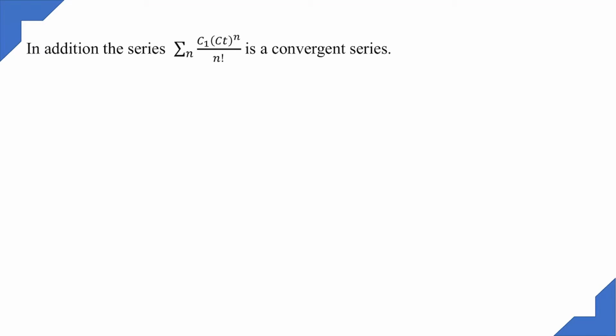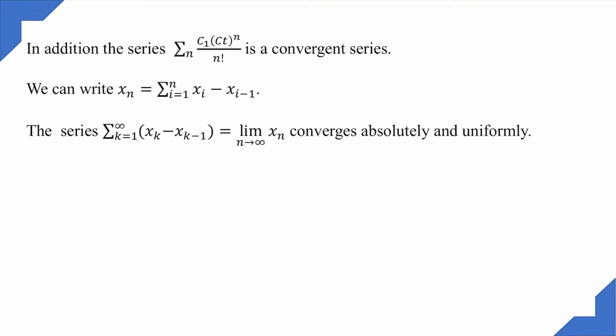Also, the series summation over n c1 ct to the power n divided by n factorial is a convergent series, so that we can write xn is equal to summation i equal to 1 to n xi minus xi minus 1. The series summation k equal to 1 to infinity xk minus xk minus 1 is a series which is dominated by this convergent series.